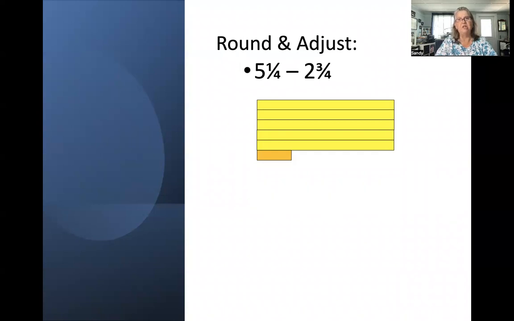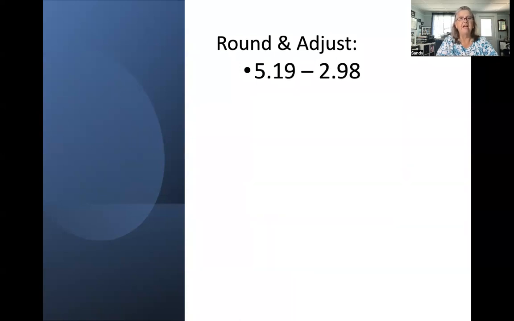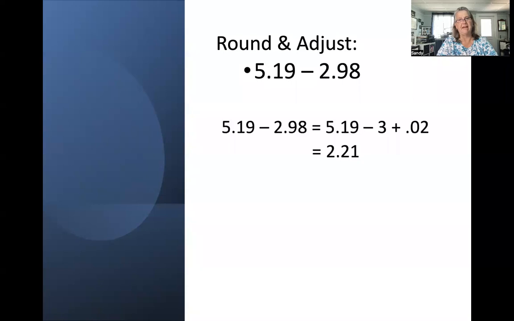And in this case, I'm showing 5 wholes and that 1/4. If I use this strategy, you see I can remove 3 wholes and give back the quarter. So same idea, it's a round and adjust, and this strategy will work for decimal problems also. In this case, I can remove 3 and give 2/100ths back.